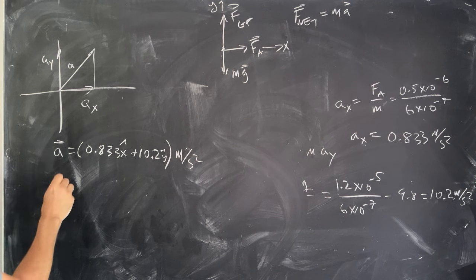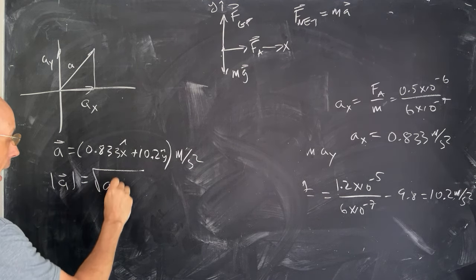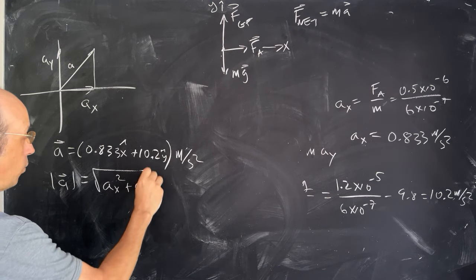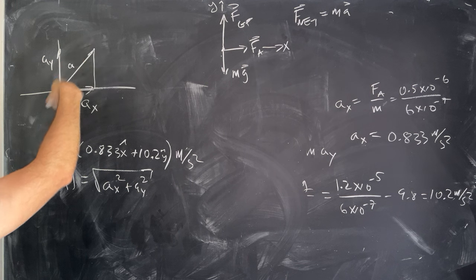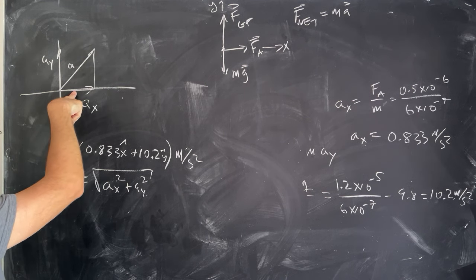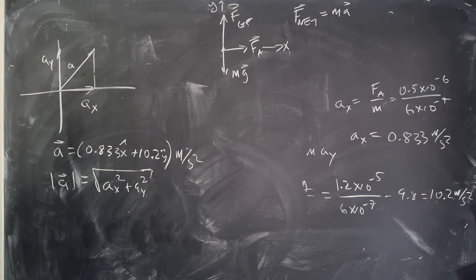Now, I could find the magnitude. The magnitude of this would be the square root of ax squared plus ay squared, right? Because it's a right triangle, the magnitude is the hypotenuse, the adjacent side squared plus the opposite side squared, square rooted.